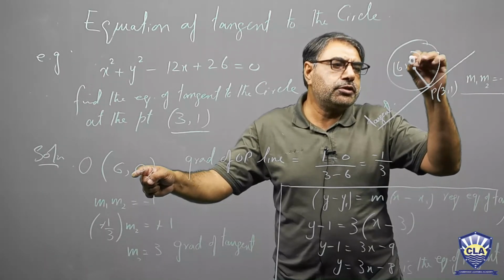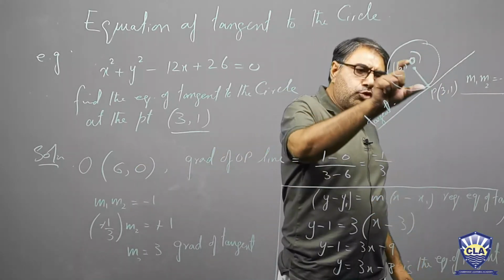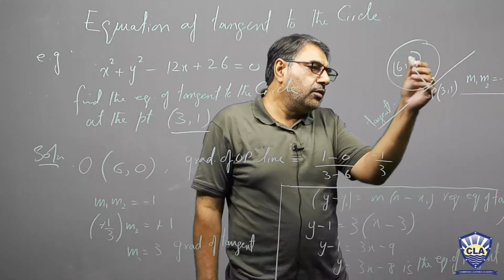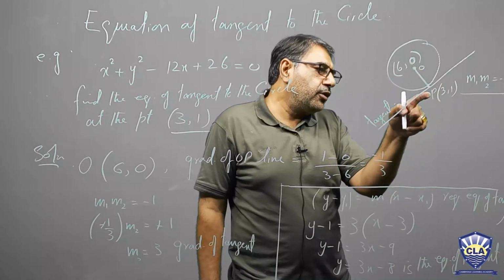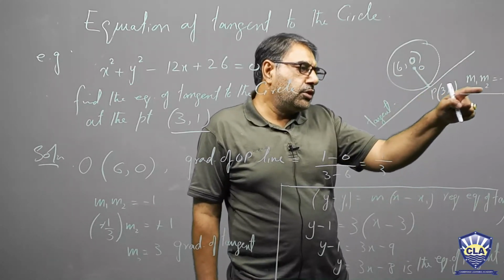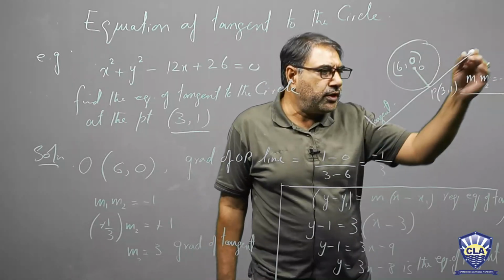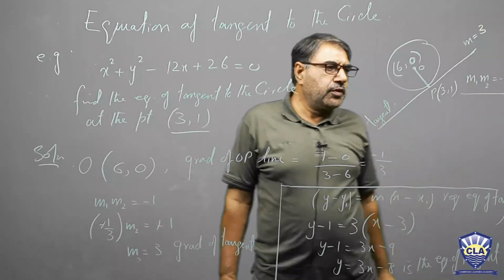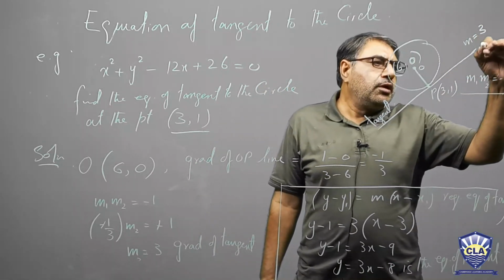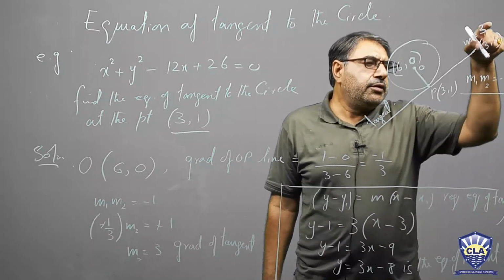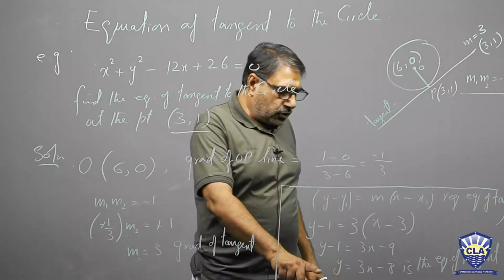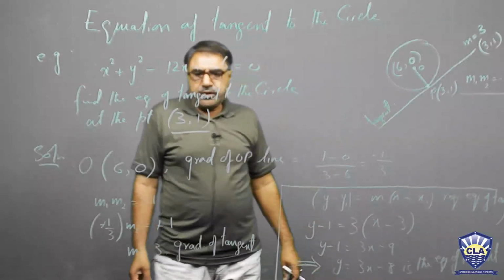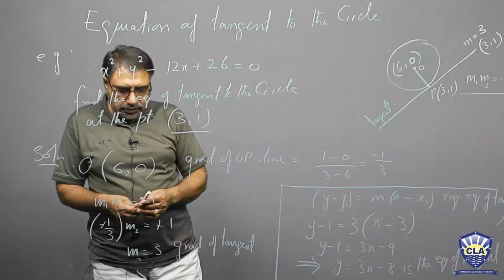With the help of these 2 points, find the gradient of this line OP, and use this m1 m2 equals to minus 1 to find the gradient of this tangent. Gradient equals to 3. So with the help of the point 3, 1 and the gradient 3, you can find the equation of tangent. That is the method to find the gradient of tangent. Thank you very much.